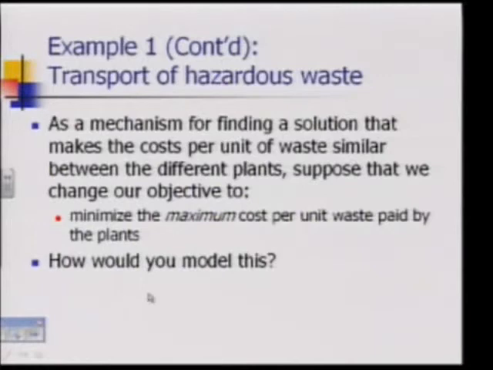And that's not really doable in practice, but we have to make some mathematical abstraction, try to see how far we can go toward what we really want to do. So let's say we want to minimize the maximum cost per unit waste paid by the plant. That's something I would say, well, if a single plant can reduce the cost, the other one cannot. We know that's not a good solution. So we say the maximum cost for all the plants should be minimized. Make sense? But how can we model this?